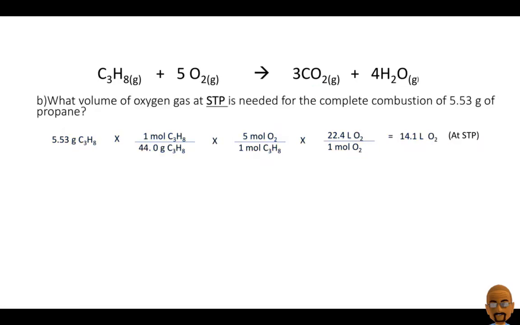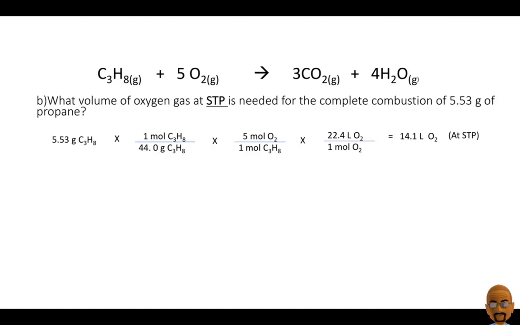Now you might be wondering, why does it need to be so complicated? Why do I need to do different things whether I'm at STP or not? Well, in fact, we could have used the ideal gas law to calculate the volume of oxygen gas at STP if we wanted to.